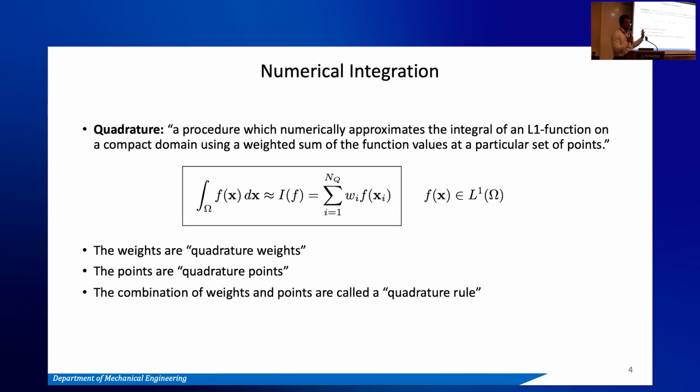Honestly, it doesn't have to be a bounded domain, but for the purposes of most finite element methods, since your elements are finite, they'd better be bounded. Okay, so then of course the weights are quadrature weights for your rule. The points, which are the xi's, they're the quadrature points. The combination of the weights and the points are a quadrature rule.